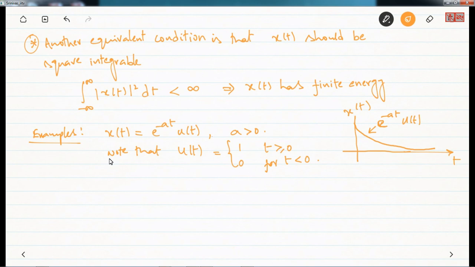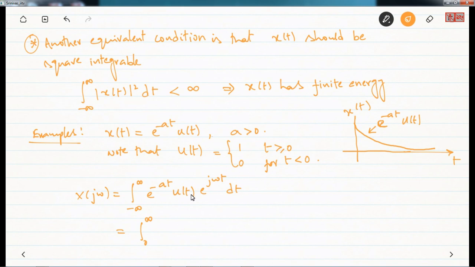Now, what is its Fourier transform? X of j omega is integral minus infinity to plus infinity e power minus at u of t e power j omega t dt. So I can write this as 0 to infinity because u of t is 0 from minus infinity to 0, right?